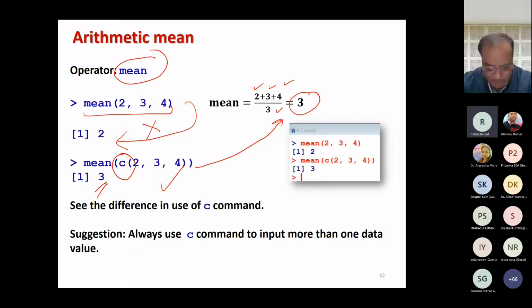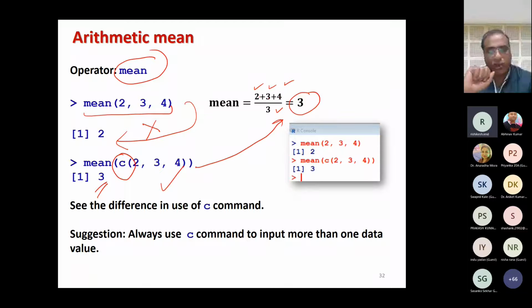Suppose you are writing a bigger program, and at one step you are trying to compute the mean of certain values, and this value is then going to be used in the next step as an input.